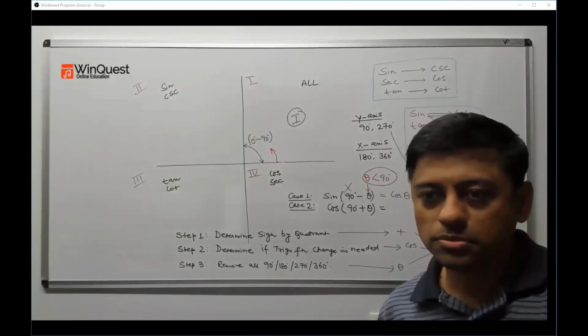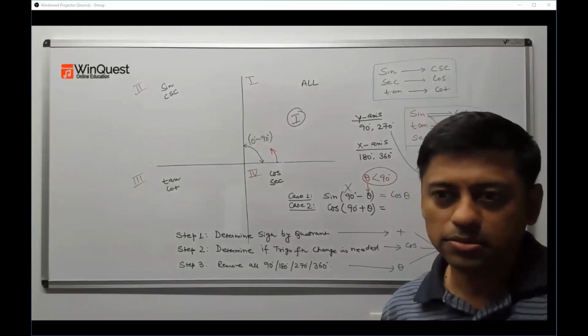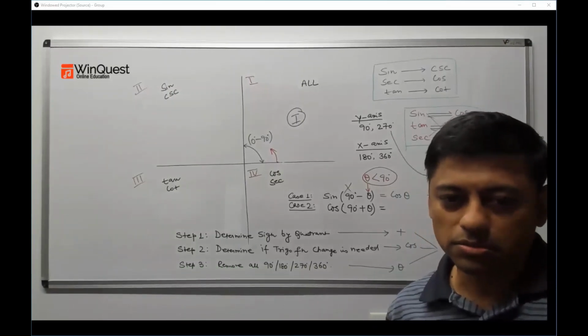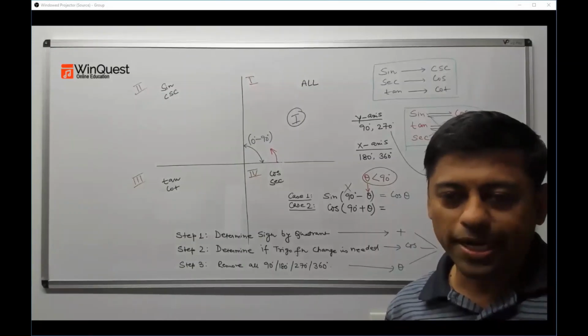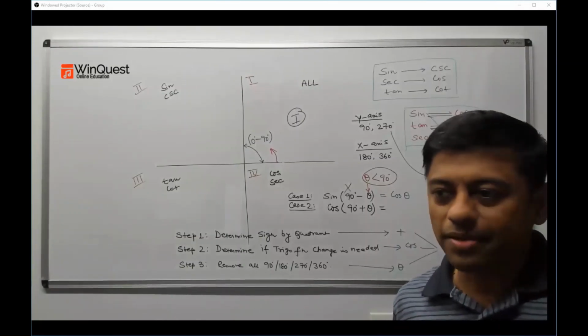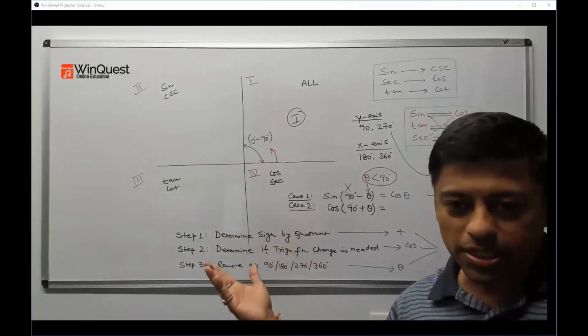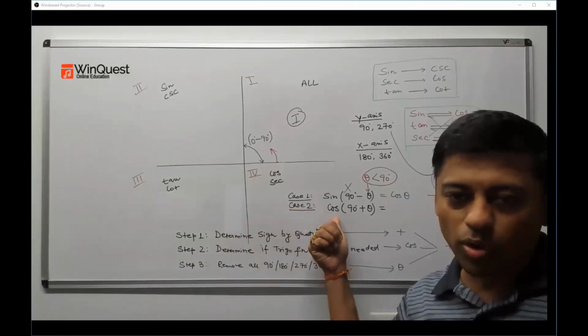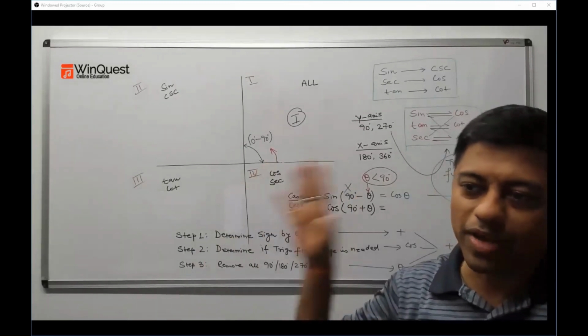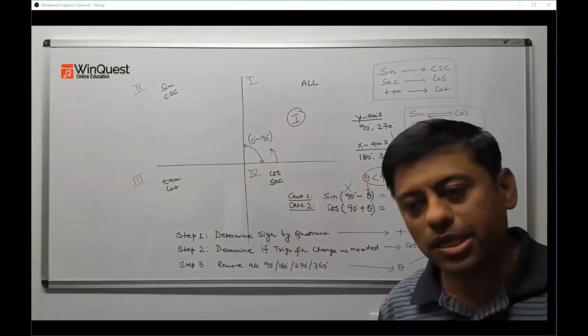Purab. Danny. Yes, sir. Cos 90 plus theta. Determine sign by quadrant, which means what? You have to understand where this will be going, which quadrant, and whether it is welcomed over there. Am I clear?